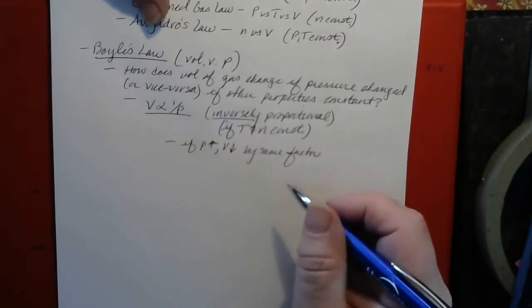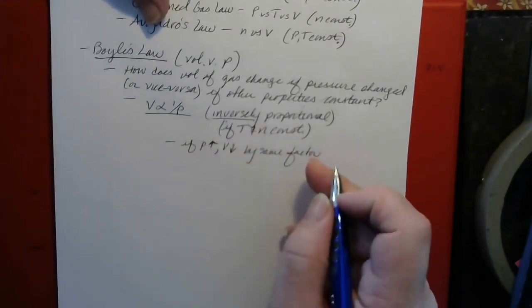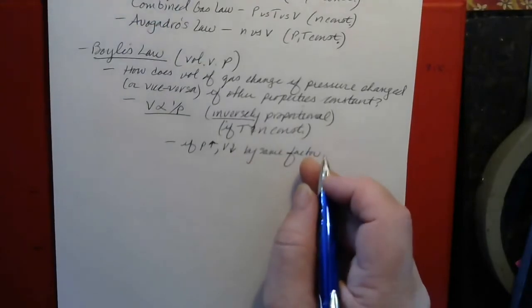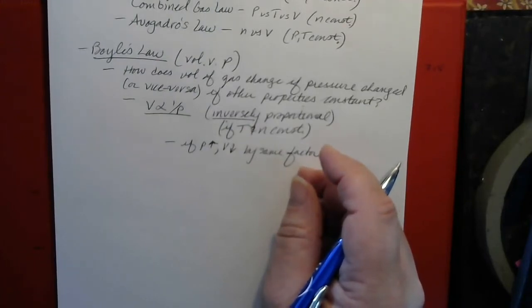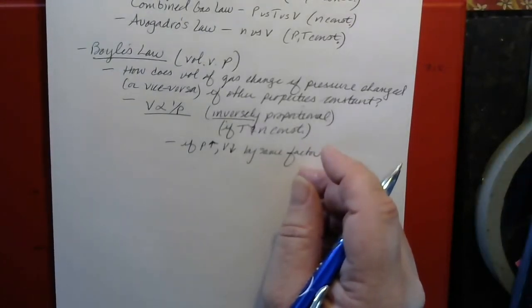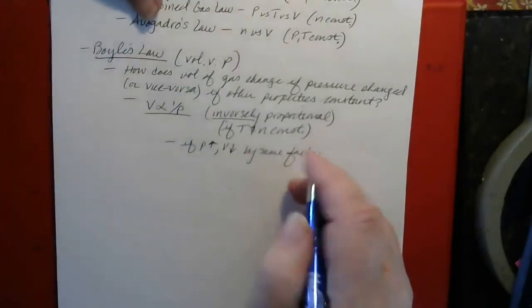So if you double the pressure, you cut the volume in half. You can think of that like squeezing a balloon. If you squeeze a balloon, it will become smaller in volume. And that's because you're compressing the empty space between the gas particles, which is an easy thing to do.